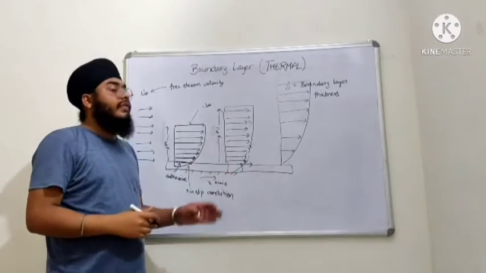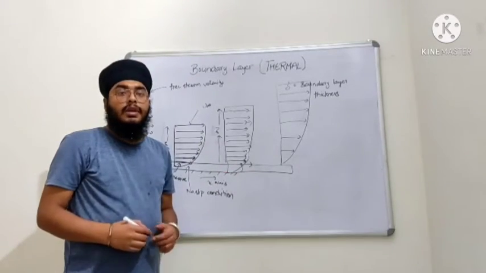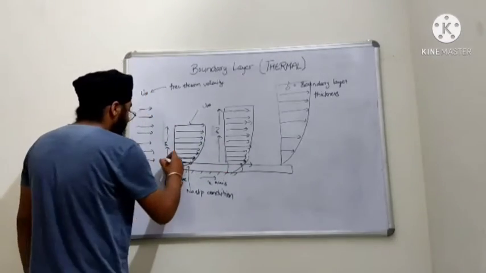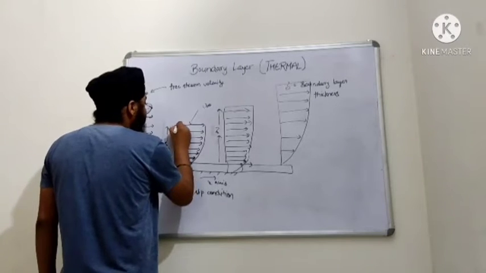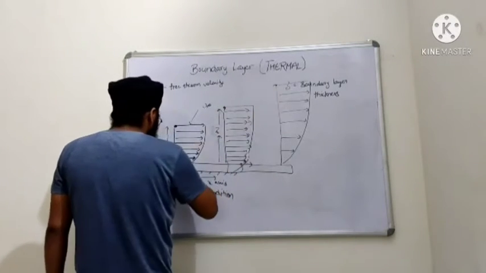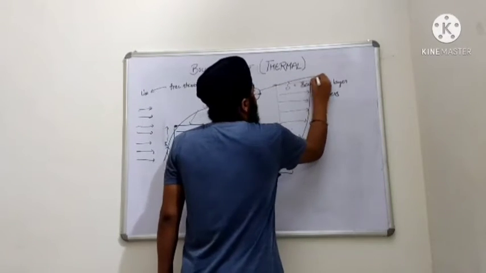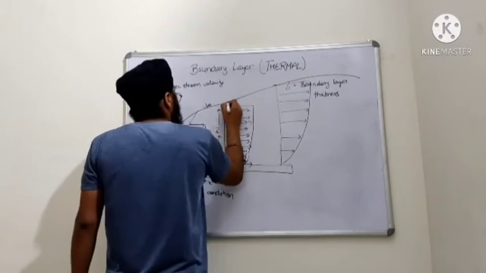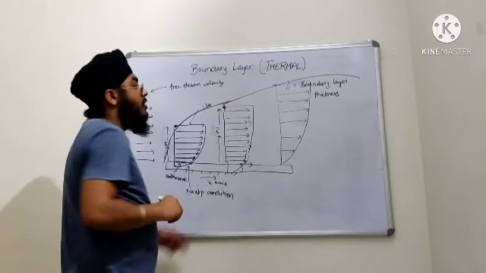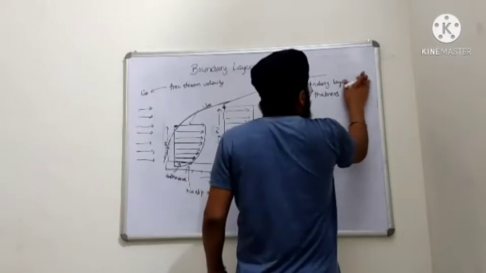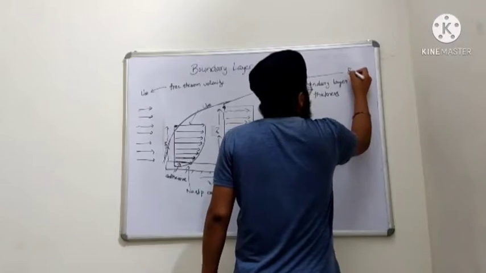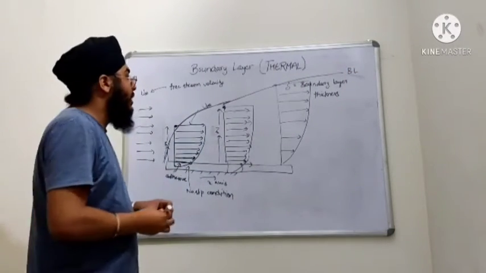If we connect all these points, we will get a curve something like this. This curve is called the boundary layer.